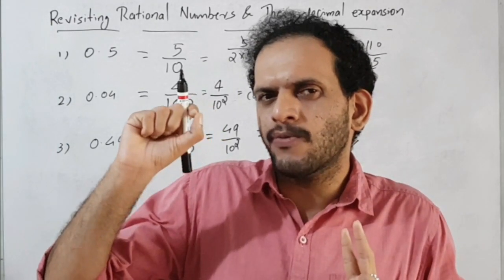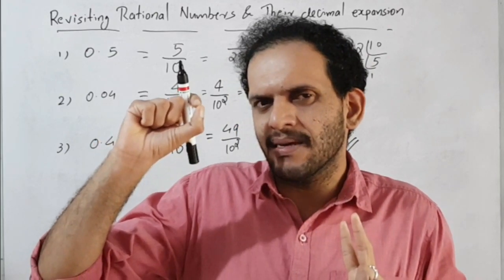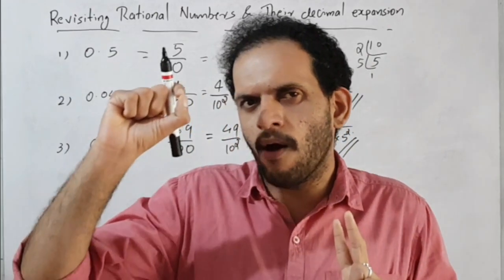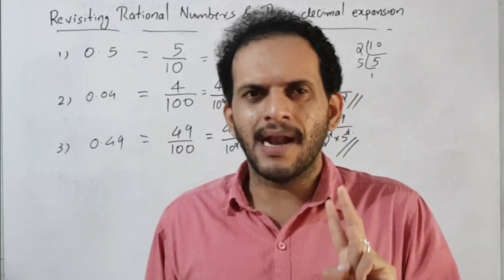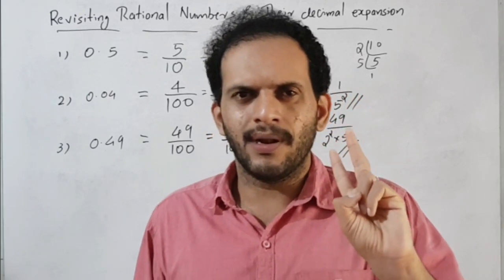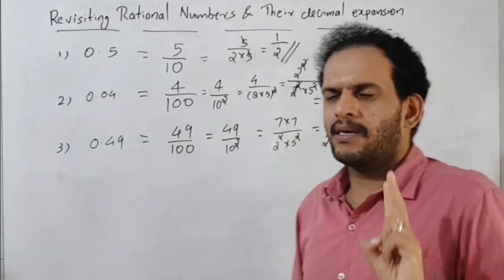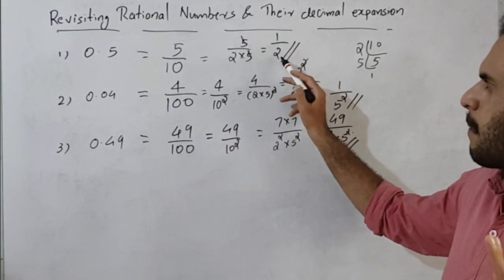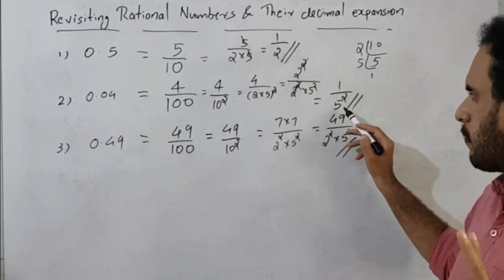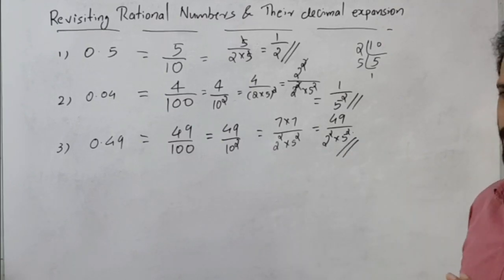If we just factorize the denominator of the rational number, that time what do you get? You will get only the number 2 or 5 or the combination of 2 and 5.